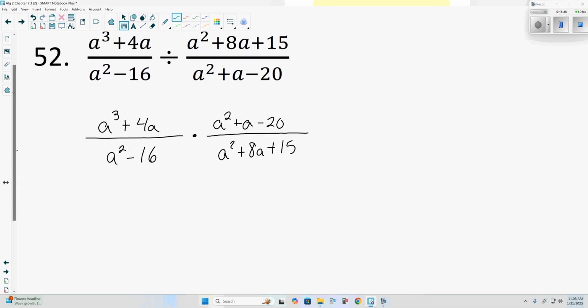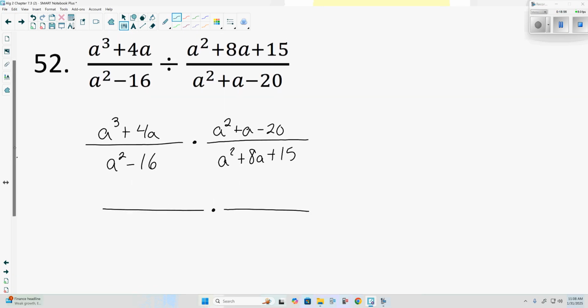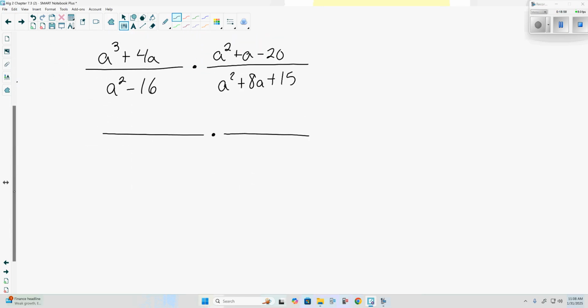So here we keep the first one the same. Change it from division to multiplication and flip the second. And now we're going to factor. Again, whenever we're factoring any of the numerators and denominators, it's always good to look for greatest common factors first.